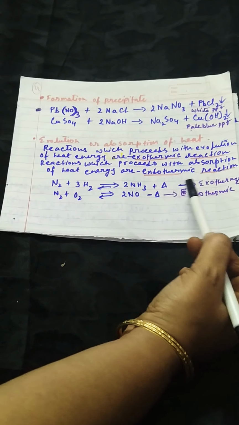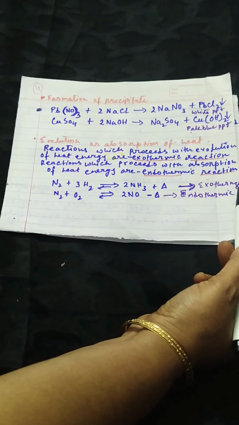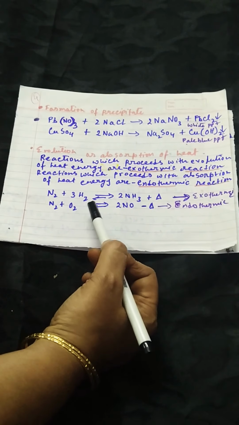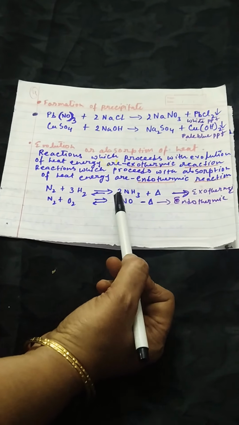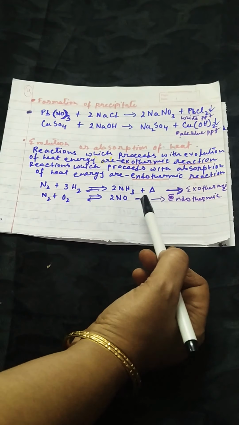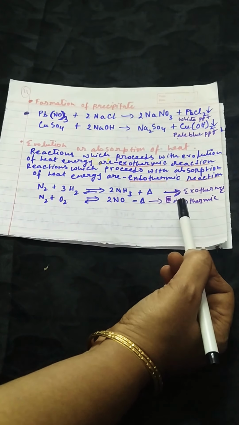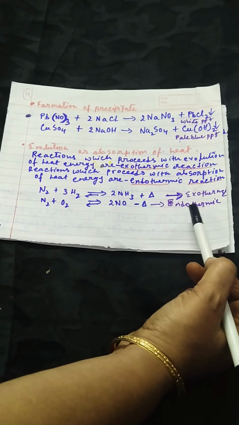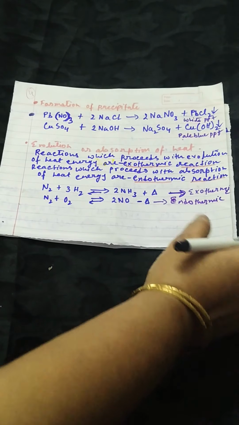Here this type of reaction is known as an exothermic reaction. And next one is nitrogen and oxygen react together to give us nitric oxide minus heat. That means heat is absorbed in this reaction, and this type of reaction is known as an endothermic reaction.